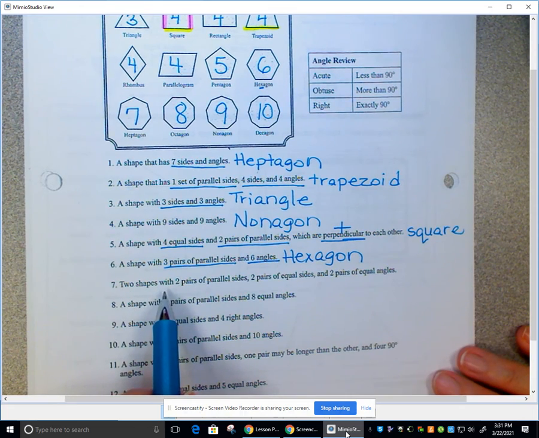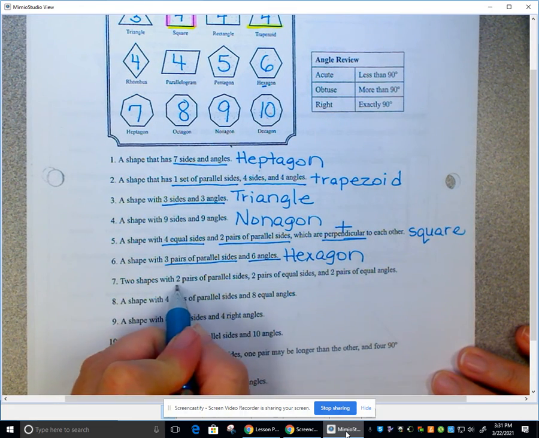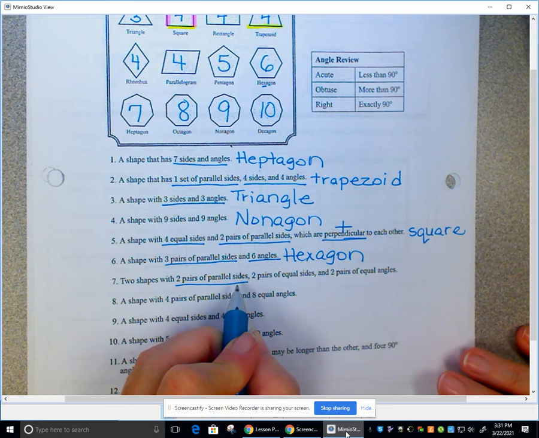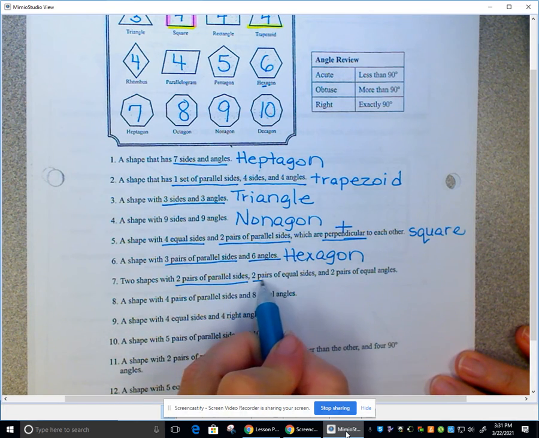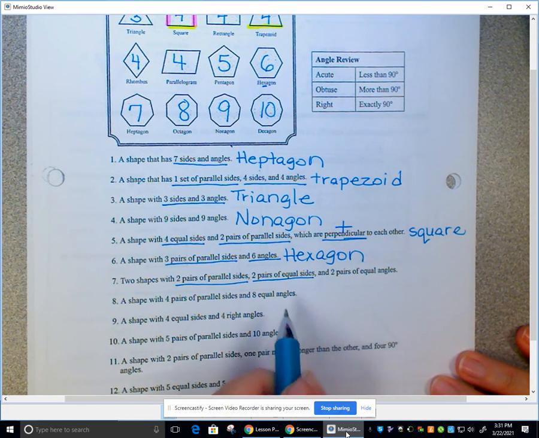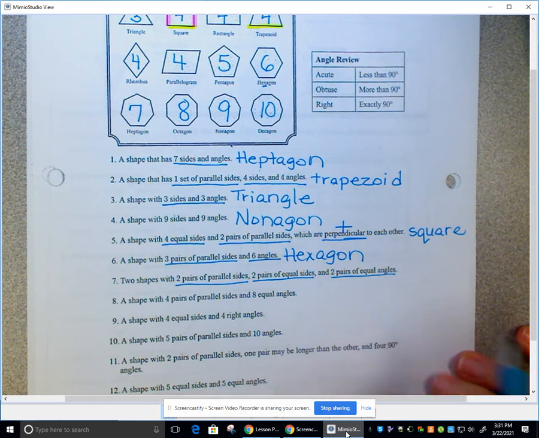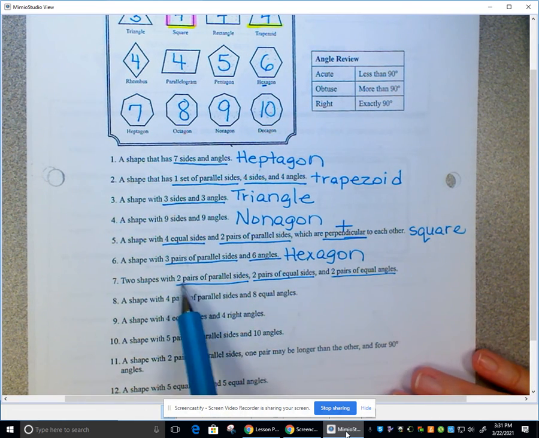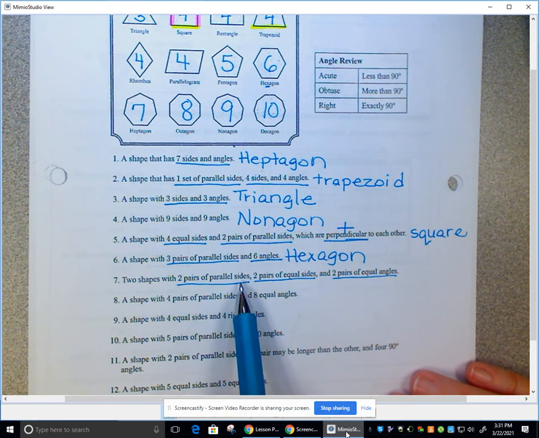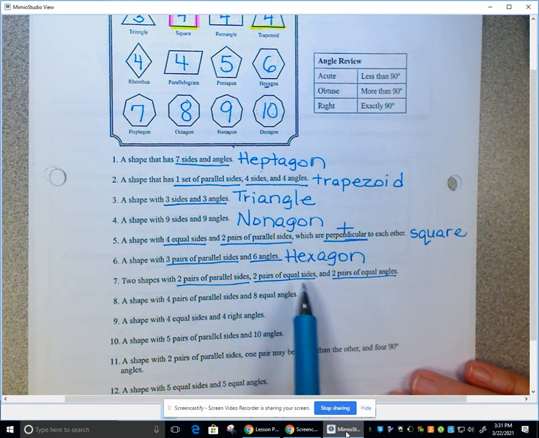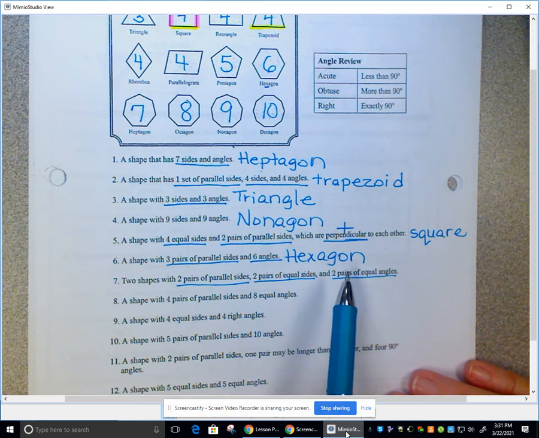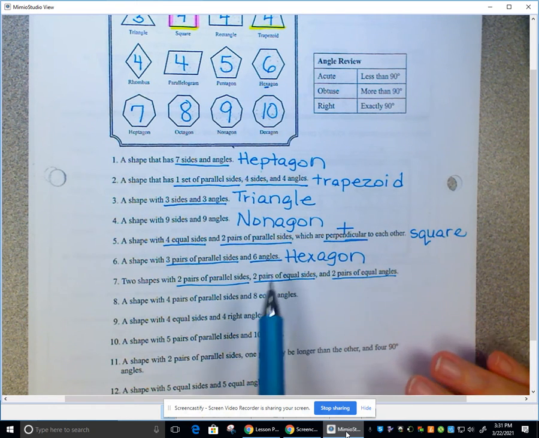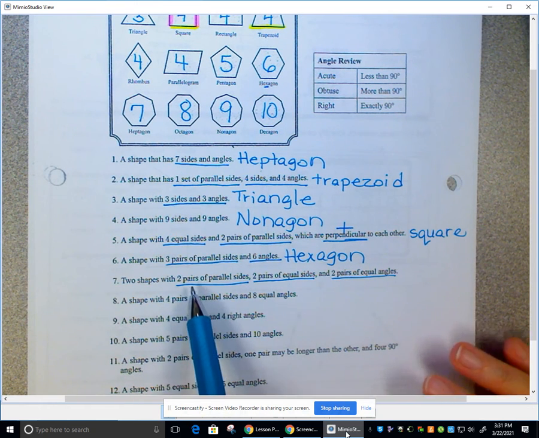2 shapes with 2 pairs of parallel sides, 2 pairs of equal sides, and 2 pairs of equal angles. Now, if there's 2 pairs of something, we know there's 4 in all.